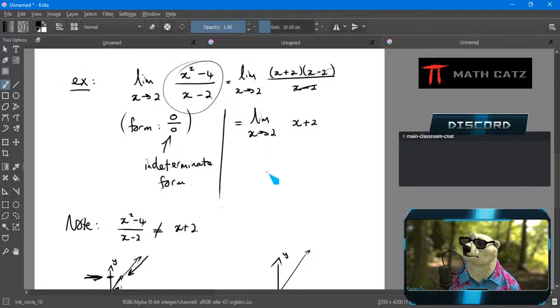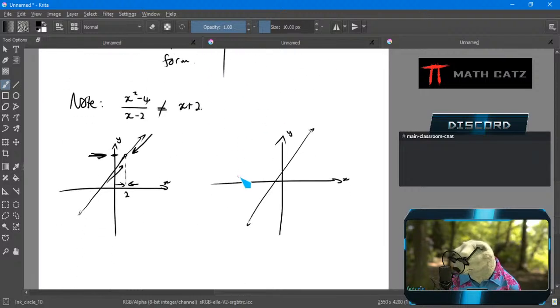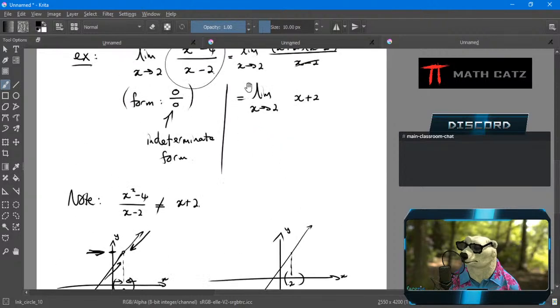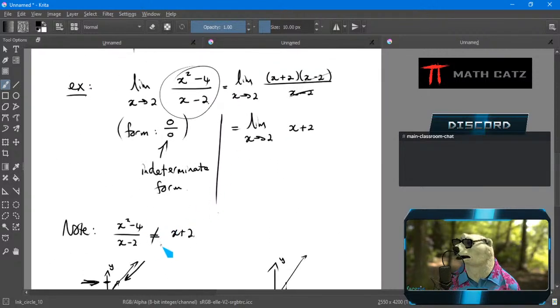They behave the same everywhere else. And all I really need is a window around 2. Do they behave the same around but not at 2? Yes, they do. The only reason these two functions aren't equal is because of what happens at x equal to 2. And when I look at behavior, I'm not at x equal to 2. Therefore, their behavior is the same.